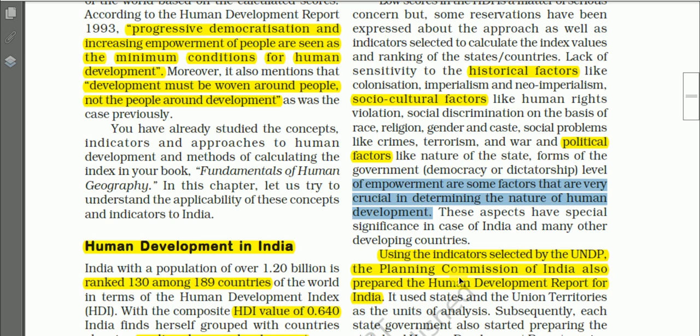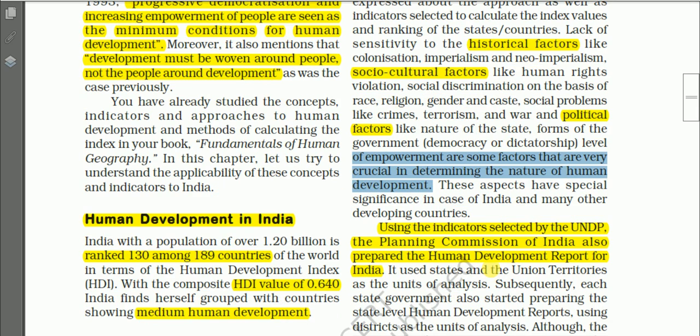We have three factors: historical factors like colonization, socio-cultural factors like human rights violation, discrimination in society, crimes anywhere in India, and political factors also. Because of all these factors, the HDI score in India is low or medium, as we discussed earlier.